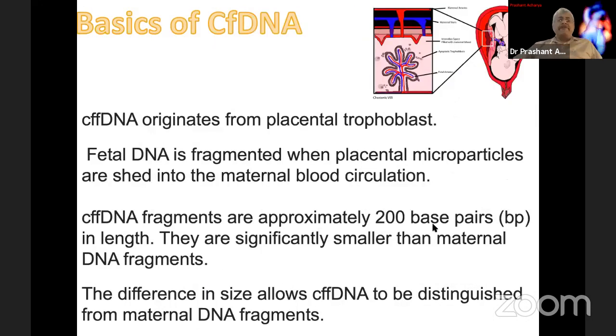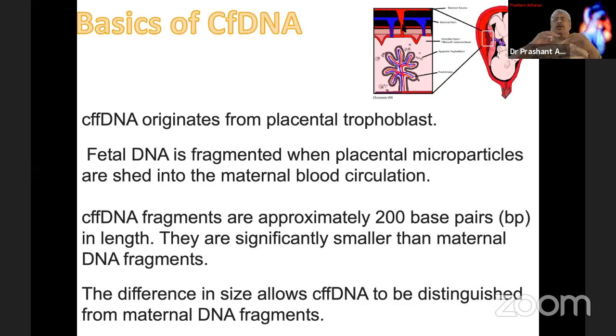This cell-free fetal DNA originates from the placental trophoblast, because that cellular lining is in contact with the maternal blood. So those cells which are dead, the placental trophoblast, will be thrown into the maternal circulation, and because the maternal circulation will identify them as a foreign cell or foreign protein, it is going to destroy that cell.